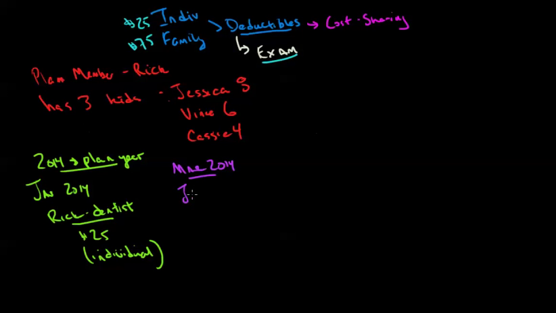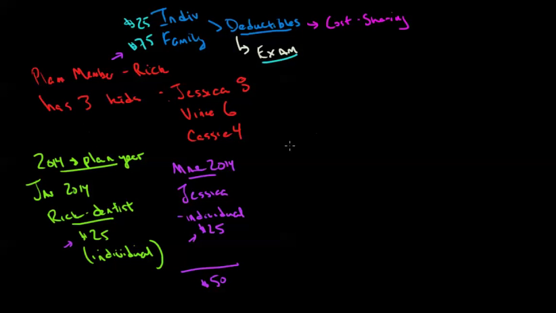Now Jessica also goes to the dentist, and Jessica is also an individual. So at this point, Jessica is also using a $25 deductible. But what happens now is we have used $25 of deductible here and $25 of deductible here towards the $75 family deductible. We've used $50 of family deductible.